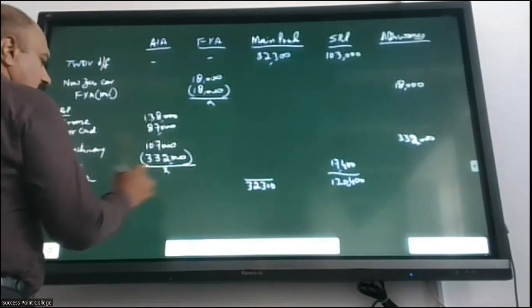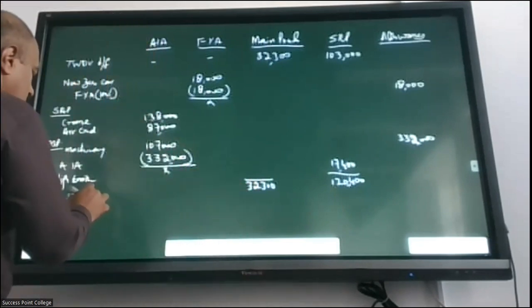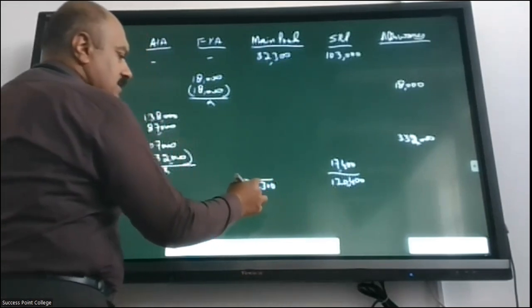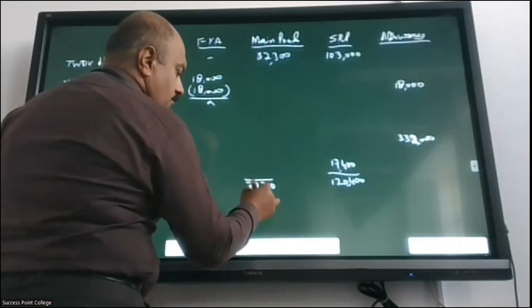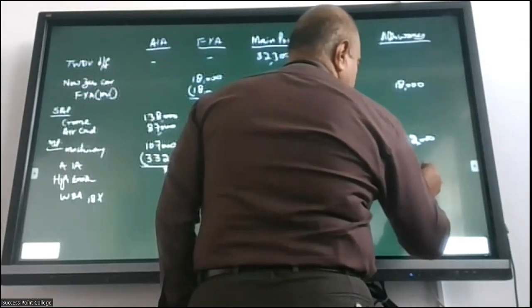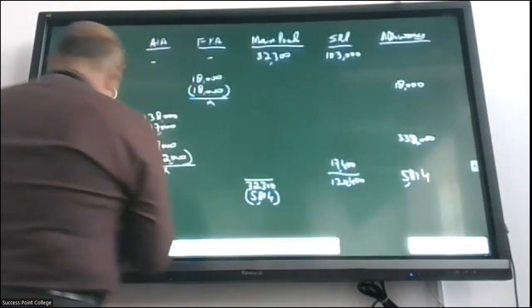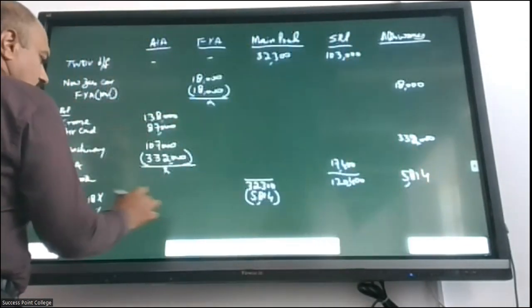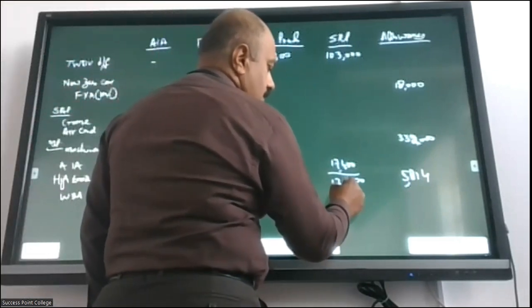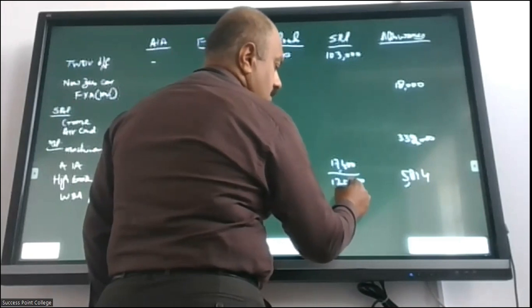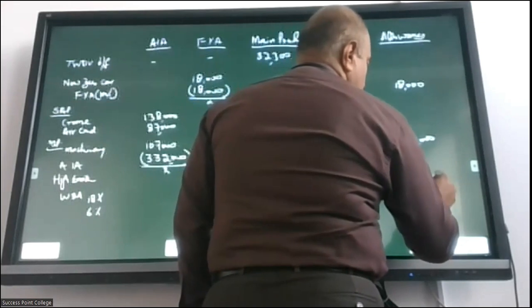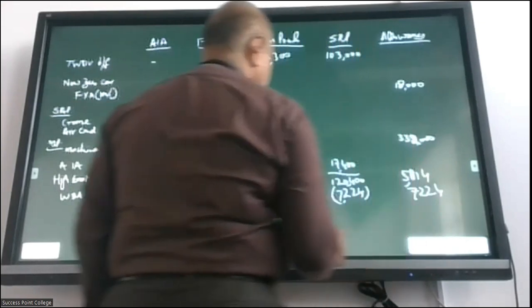Remember, WDA 18% is charged at this 32,300, 18%. 5814. So we will write this 5814 in allowance column, and WDA 6% is charged on this special rate pool. 7224. So we will write this 7224 in the allowance column as well.